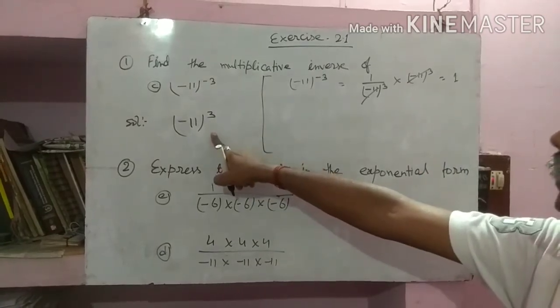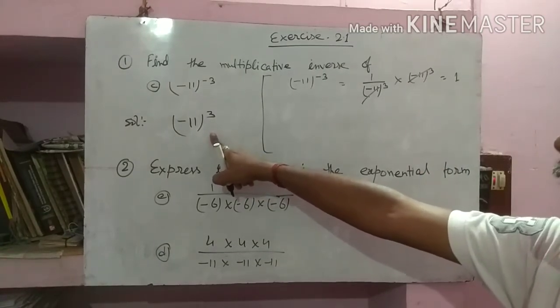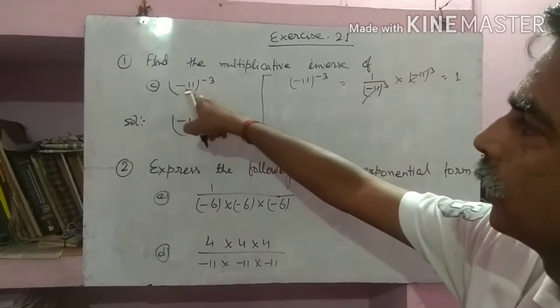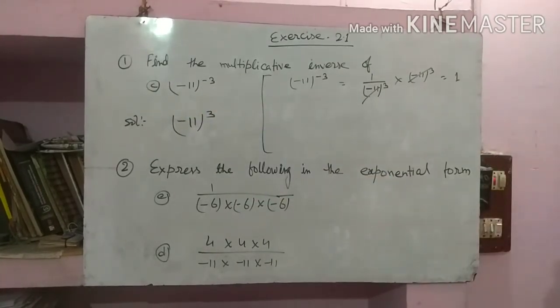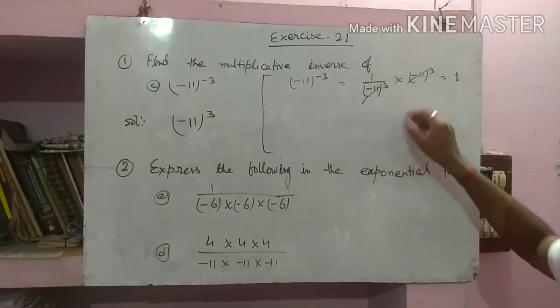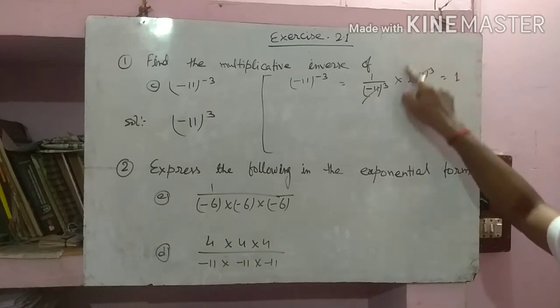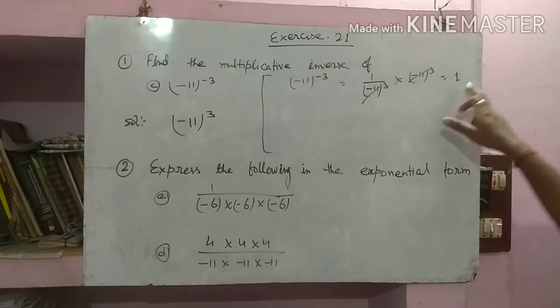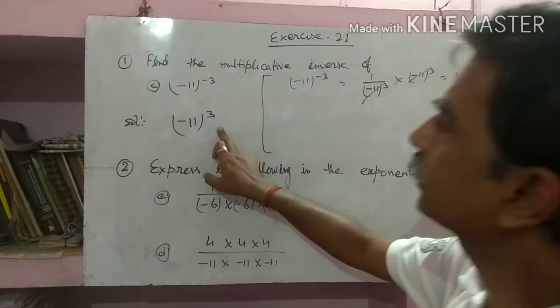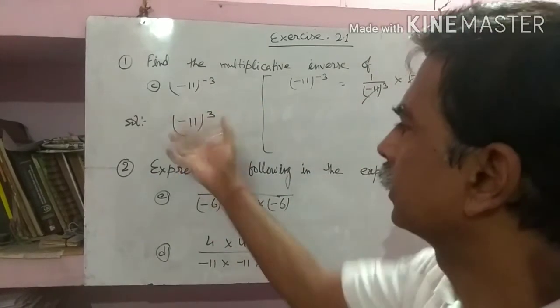So this number is the multiplicative inverse of (−11) raised to the power −3. Okay. So if you are required to solve that one, you can multiply by the positive power of that same number and you will get the answer, or if you just write the answer, this one is just required.